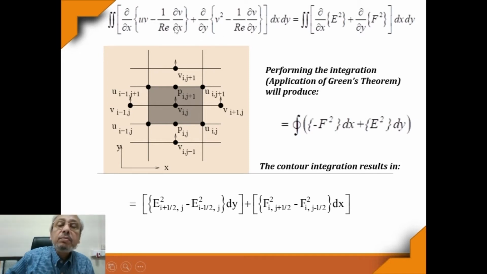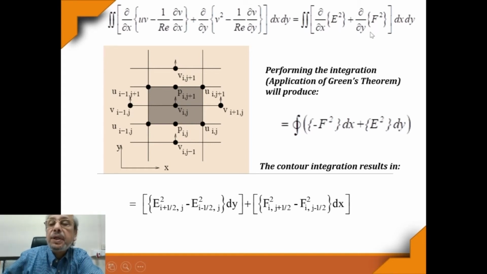This term we can consider as E2, and this term we can redefine as F2. Like in the x momentum equation, where we defined these bracketed terms, which were derivatives of del x and del y, as E1 and F1 respectively, here we define E2 and F2.